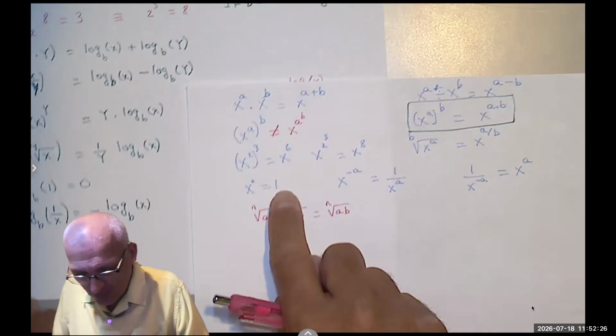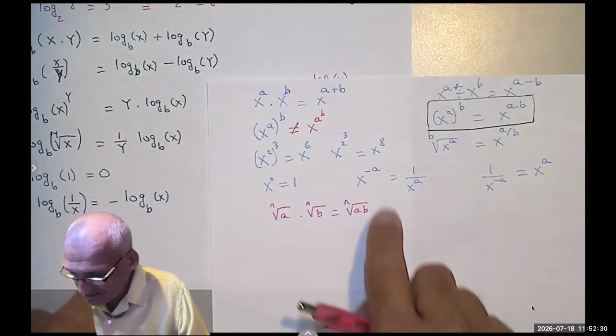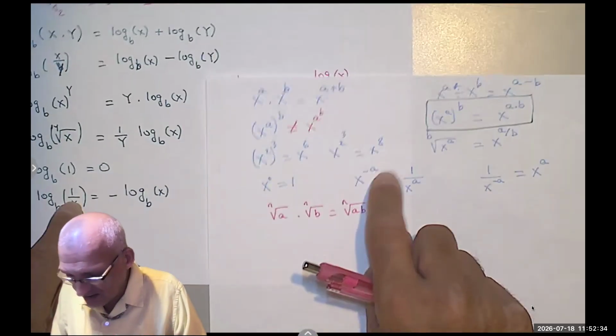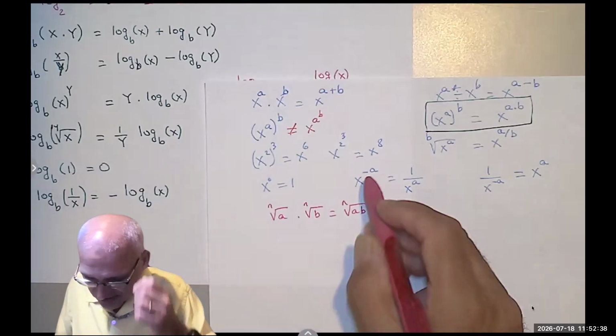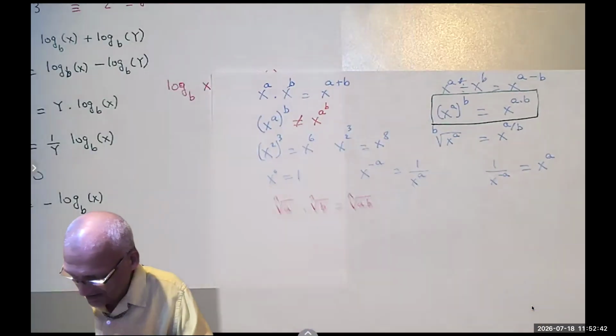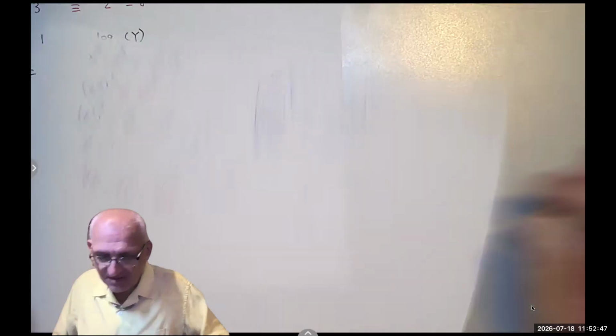X to the 0 is 1, log of 1 is 0. Reciprocal: x to the negative 1, log b of x to the negative 1 is negative. So this negative, you can think of it something like that.